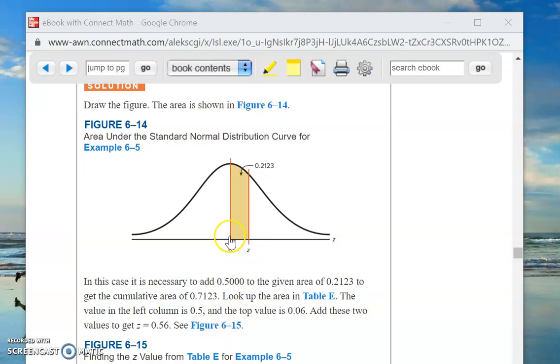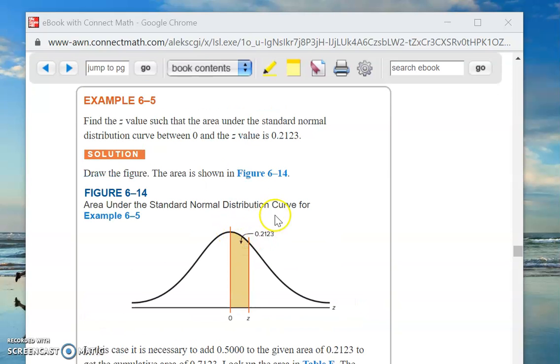Since we're going from 0 to z, and I just told you a few minutes ago, for every z value the area is to the left, right? So we want this area right here between 0 and the z value. We're going to find the z value.